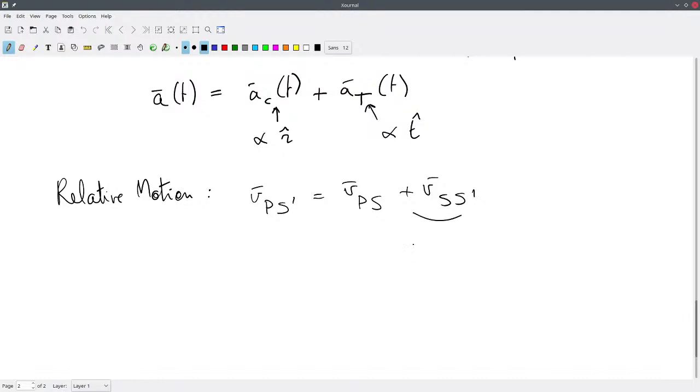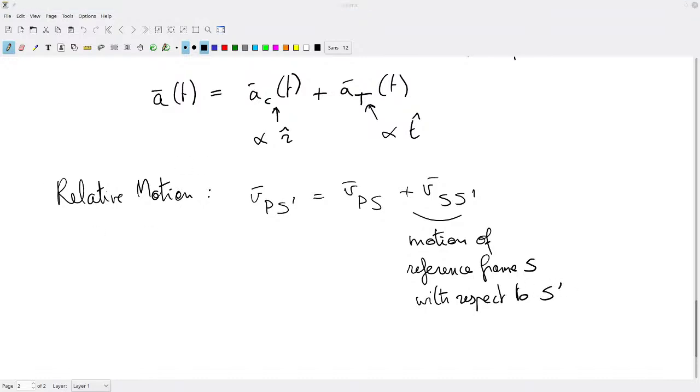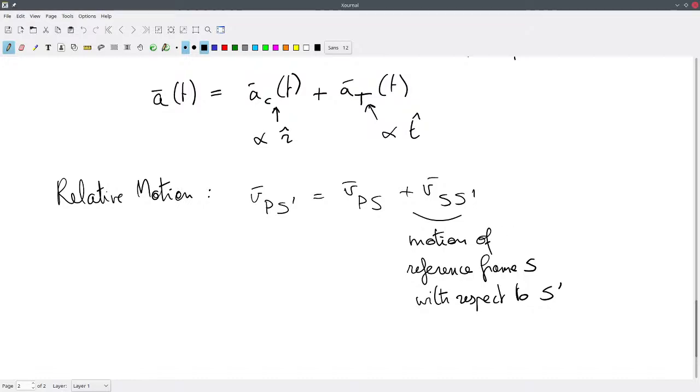So this is going to be the motion of reference frame S with respect to S prime. So this would be the motion of the train in the reference frame of the Earth, for example.